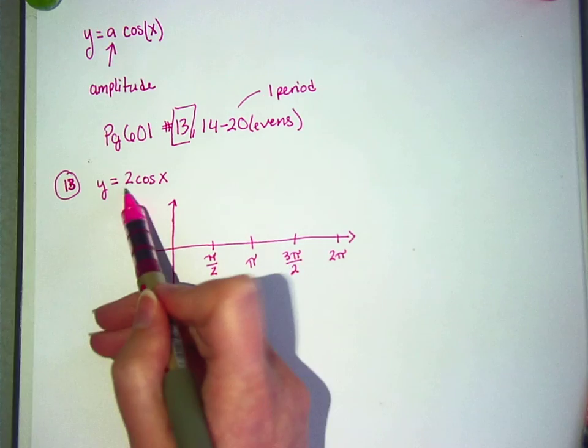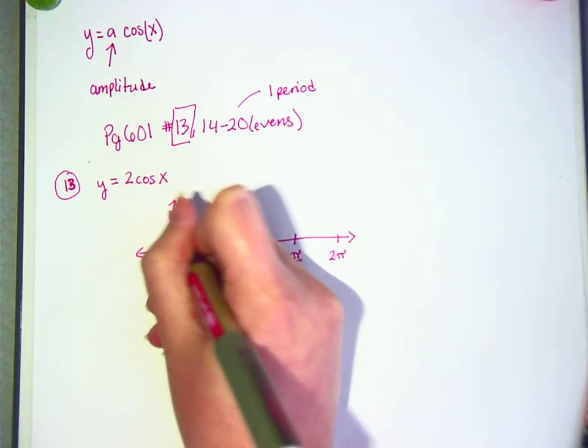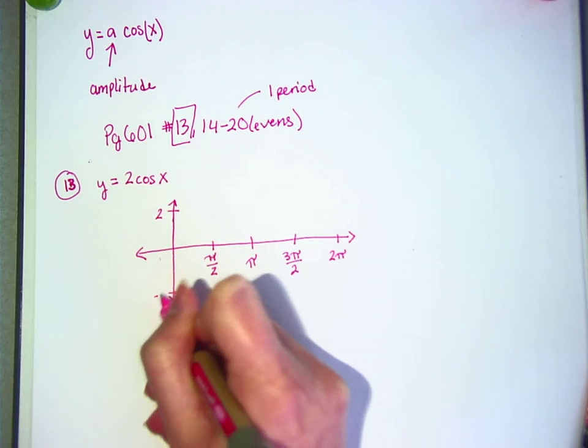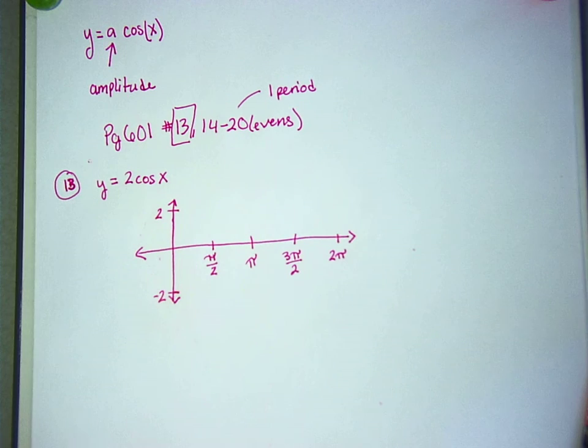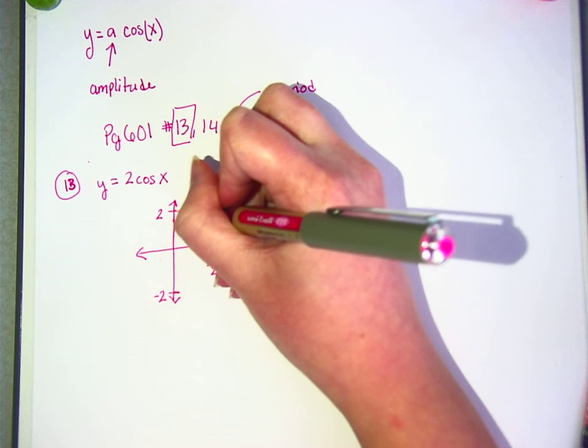Well, we've got an amplitude of 2, so where should we be? And then it should just look like what you just drew.